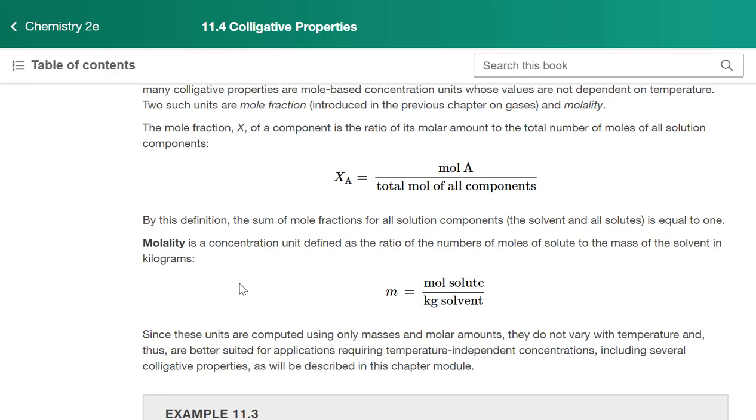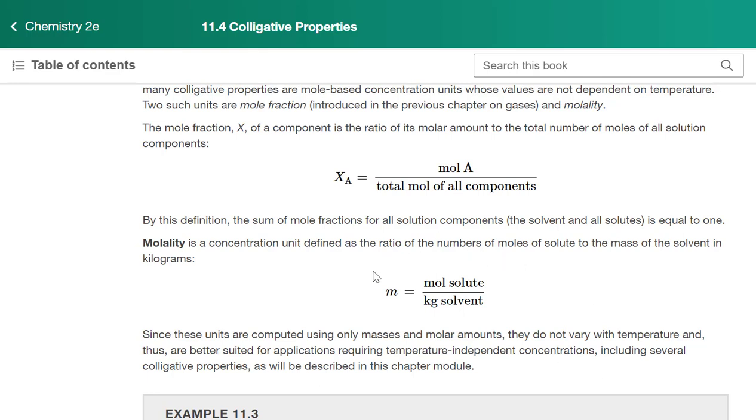In fact, for very dilute solutions, they turn out to be identical. But for non-dilute solutions, they are not identical. Molality is defined as the moles of solute per kilogram of solvent.